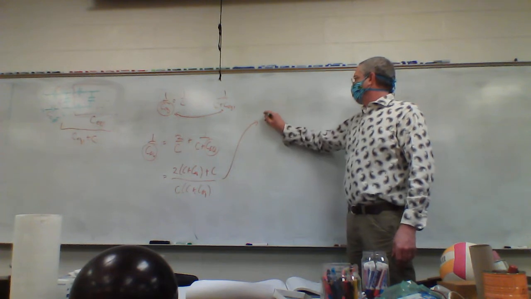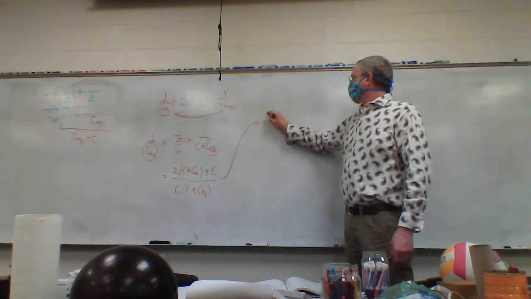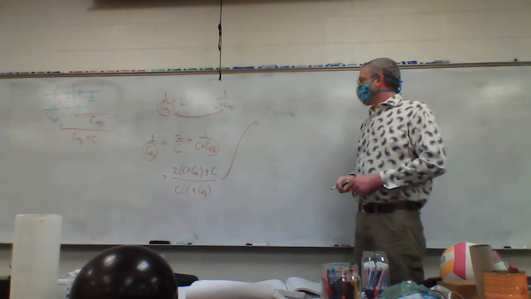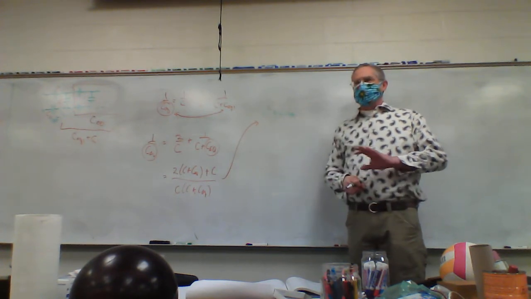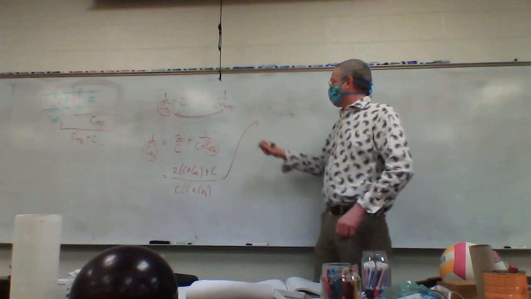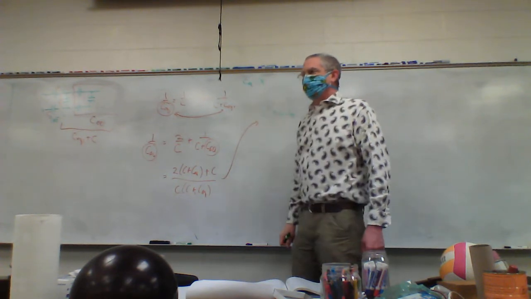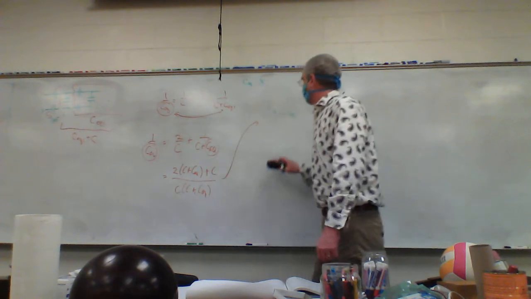So what I end up with is C squared plus C CEQ. And just for the sake of ease, because I got a lot of C's here, I'm just going to let CEQ be the letter X, just because I don't feel like writing it.